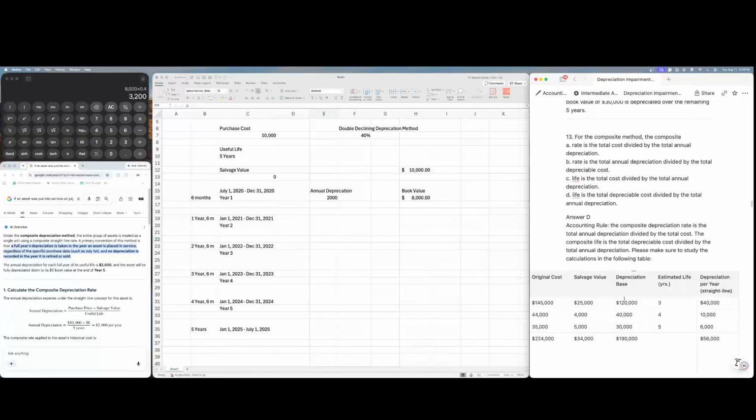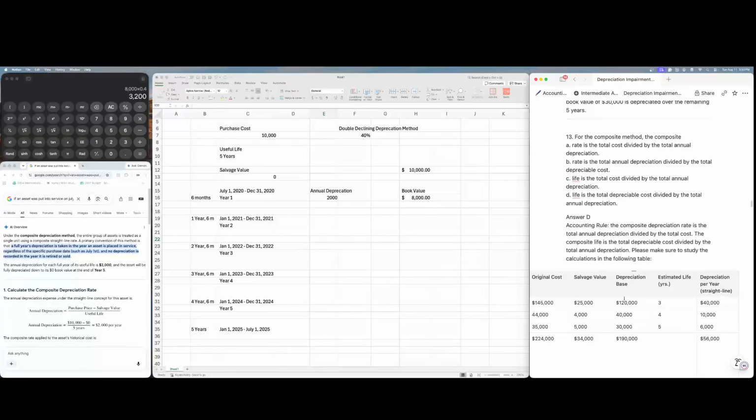When calculating composite or group, pretty much the only difference is that the group will have items that are very similar, but the way you calculate for composite and group is the same. They'll use the straight line depreciation method.